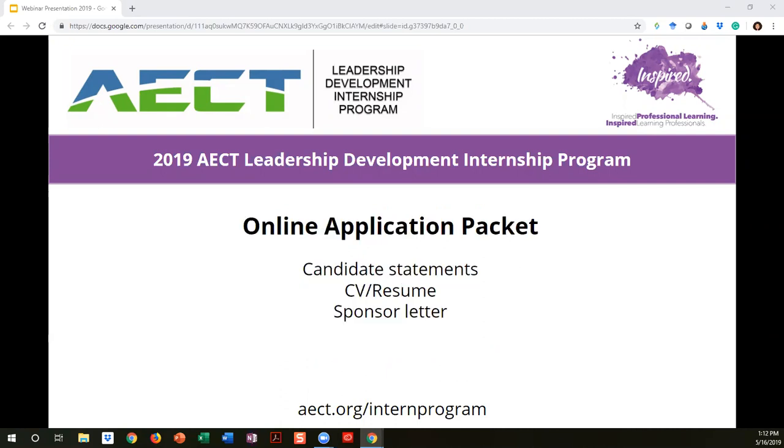All right. So your online application packet will consist of filling out a Google form, which contains the candidate statements. You're submitting your CV or resume, and that is through a Dropbox link request, and that link is in the Google form itself, but you also will get an email after you submit the application that has a link to the Dropbox upload as well.